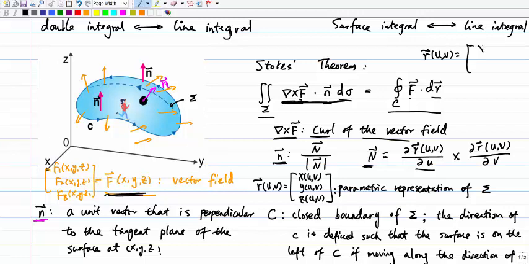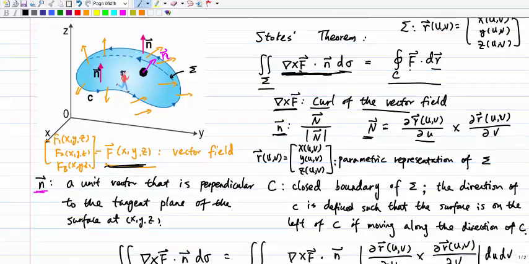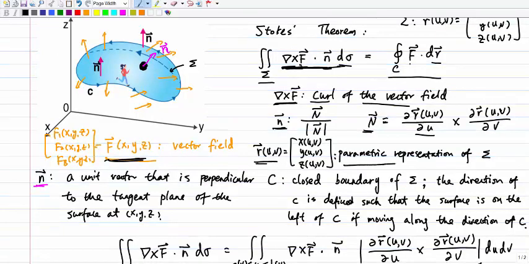This is just the parametric representation of the surface we talked about in the last lecture. So you compute the partial derivatives and compute the cross product. That's it. I mentioned here this r is the parametric representation of my surface.